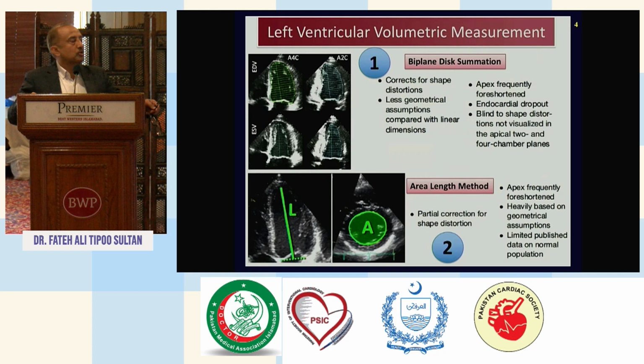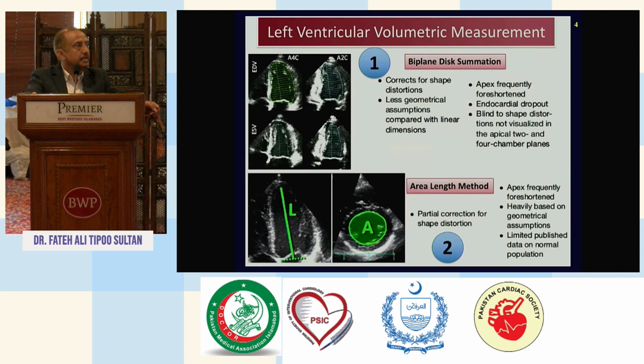Then come the LV volumes. If we take the LV volumes, that would be more representative of the LV size rather than taking the dimensions in one region only. But there are so many problems in measuring the LV volumes, because we usually do 2D echocardiography, and if we do the volumes on 2D echocardiography, then there are different methods.